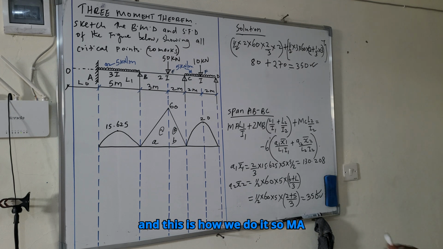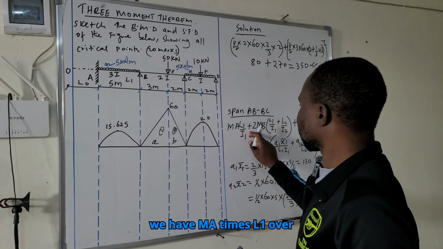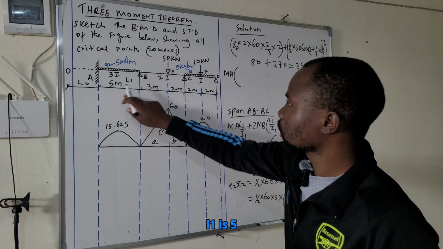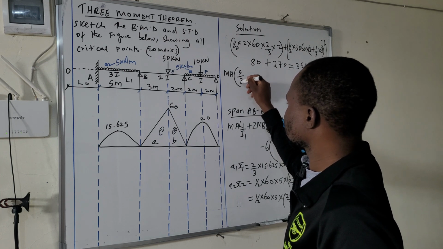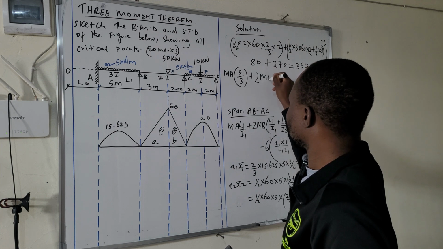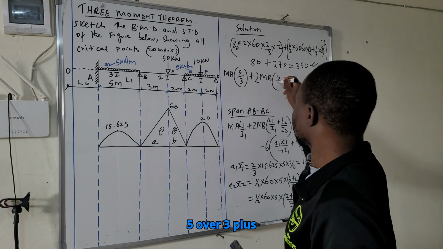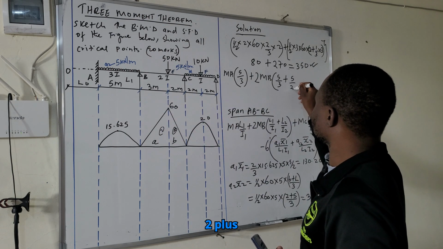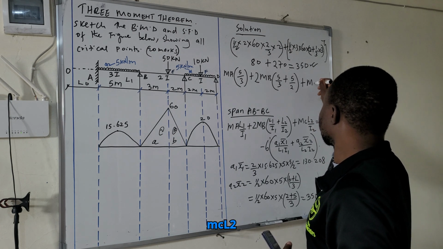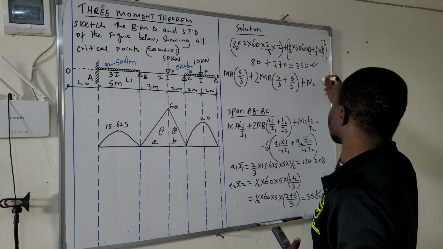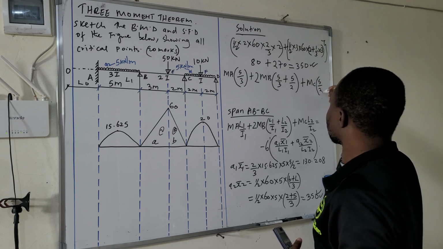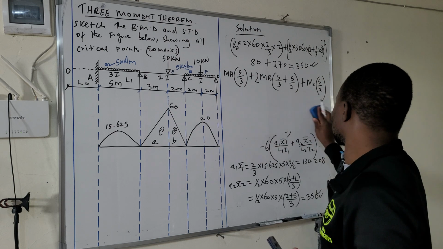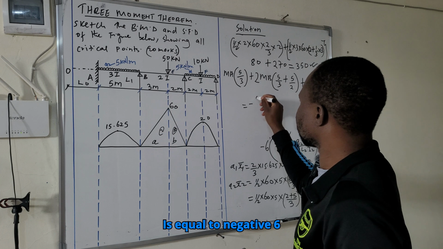And this is how we do it. So MA, we have MA times L1 over I1. So MA times L1 is 5 over 3 plus 2 MB into bracket 5 over 3 plus L2, 3 plus 2, that is 5 over 2 plus MC, L2 is 5 over 2, like that, is equal to negative 6.